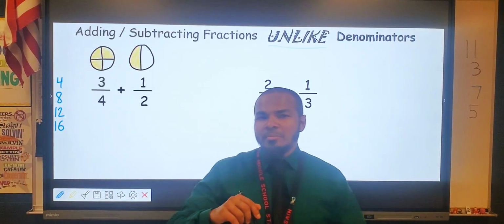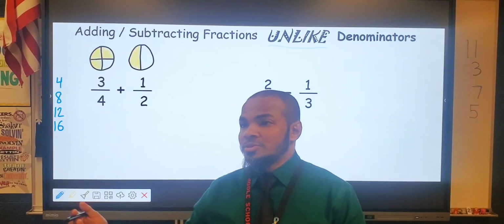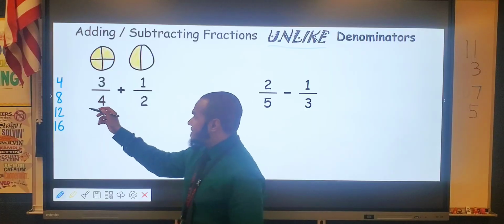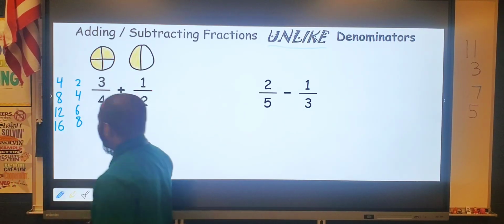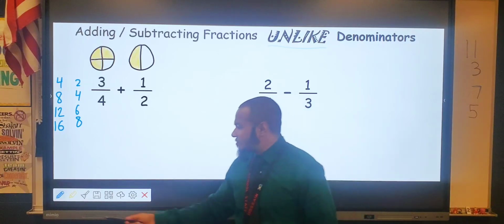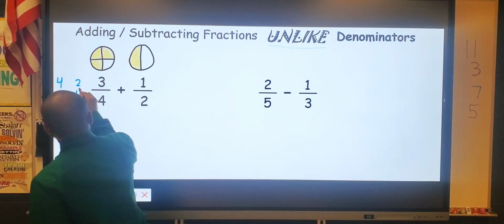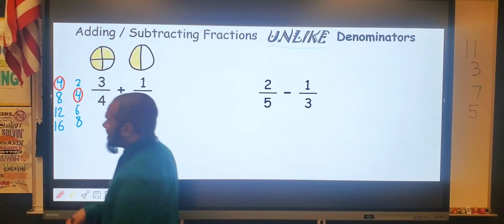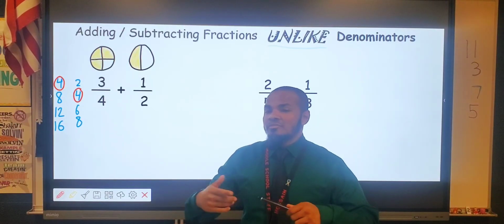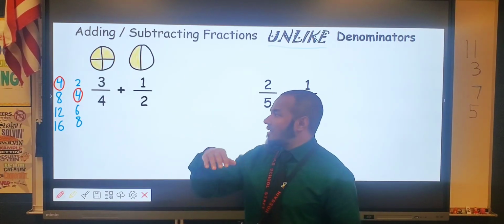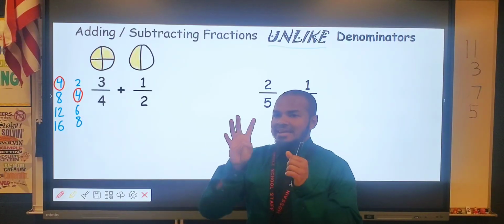Then I'm going to do the multiples of 2 right on the side: 2, 4, 6, 8. And you'll notice the very first number they share in common is 4. What does that mean? I found out that my LCM is 4.